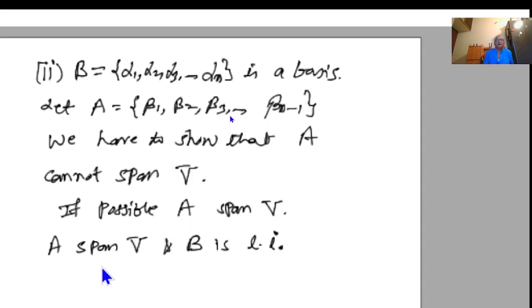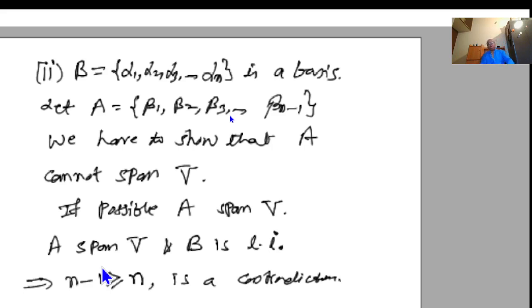In A we have n minus 1. So this implies n minus 1 is greater than or equal to the number of elements in B. How many elements are there in B? That is n. Is this true? No. This is a contradiction.